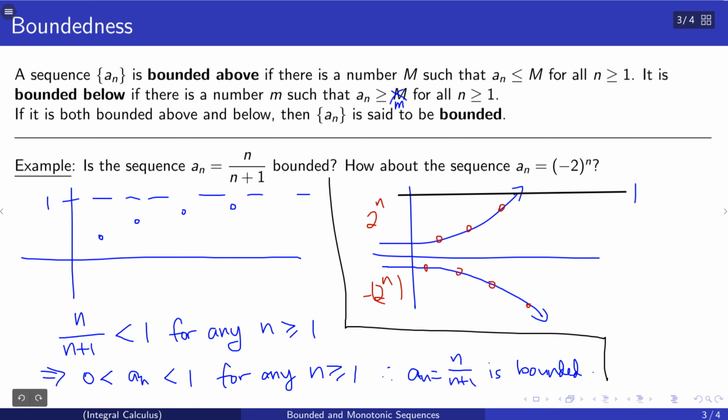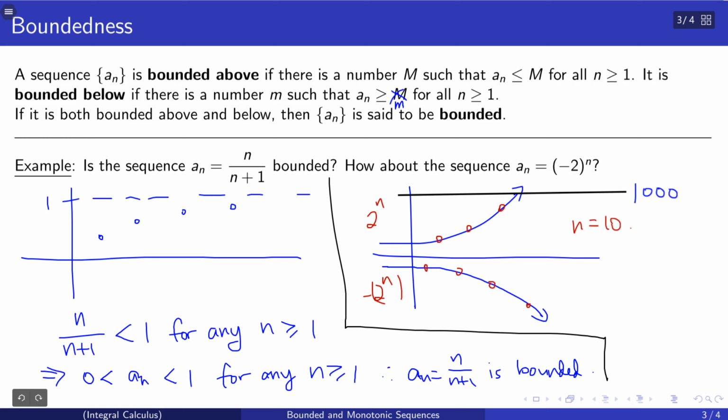Right? For example, if I told you that, hey, maybe 1,000 is an upper bound, well, clearly I can immediately say that that's not true because I can take n equals 10, right?